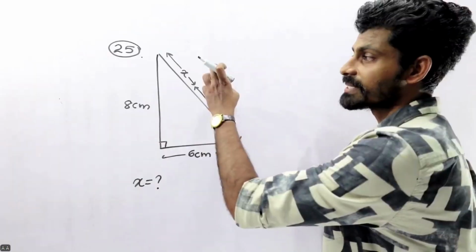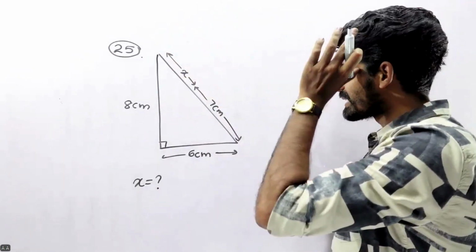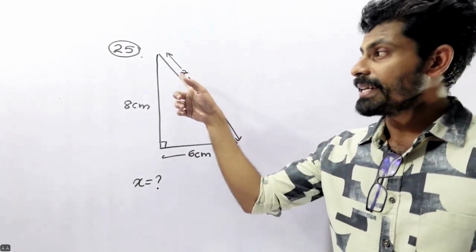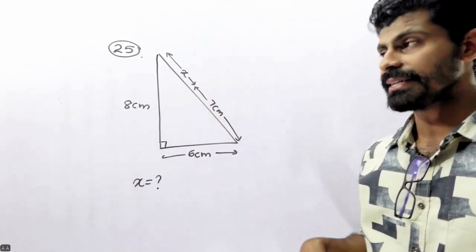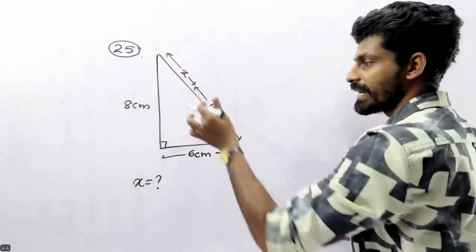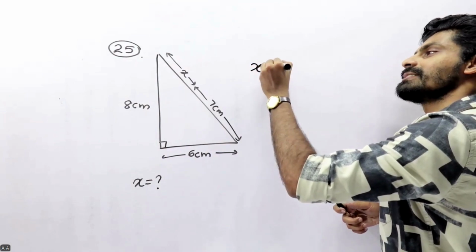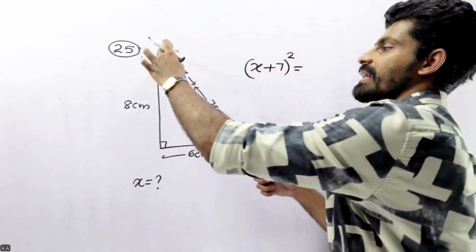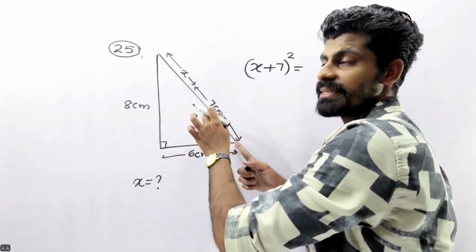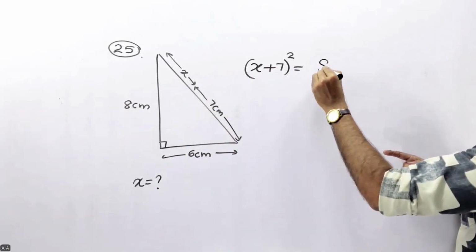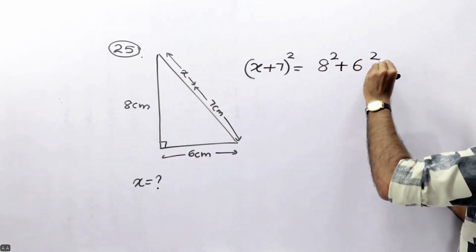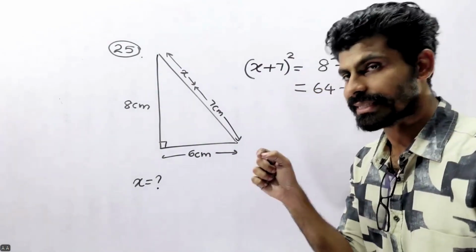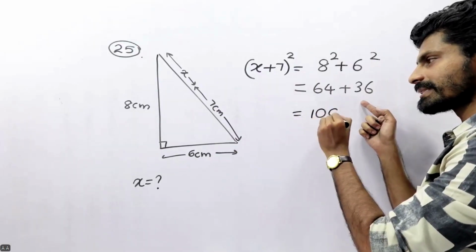Hypotenuse squared, taking x plus 7, so x plus 7 whole squared equals 8 squared plus 6 squared. 8 squared means 64. 6 squared means 6 into 6, 36. 64 plus 36 is 100.